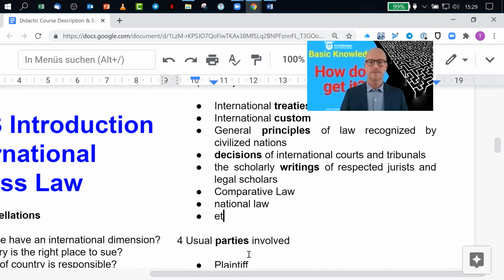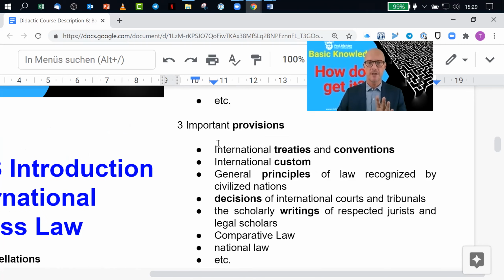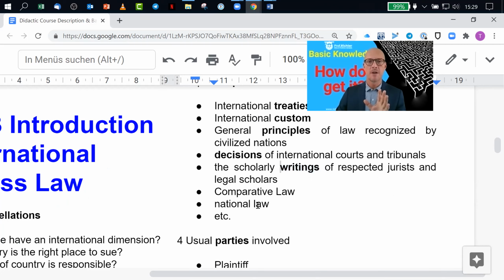And so on. So these are the basics, and you always have to find out, in the special case, is there any answer in these provisions which gives us help for this case?